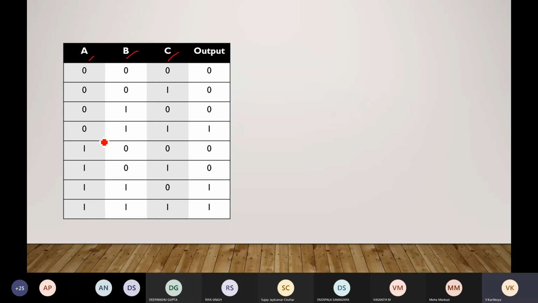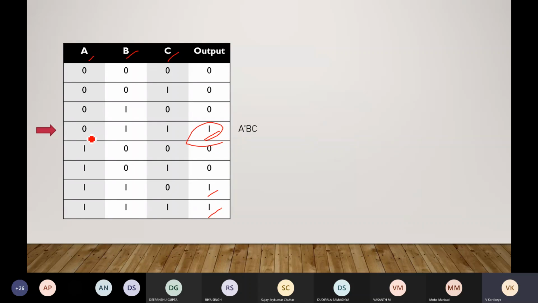Now, what we do is identify the combinations where the output is high. High and low basically mean 1 and 0, high for 1 and low for 0. So we have it here, here, and here. Let's do this first.